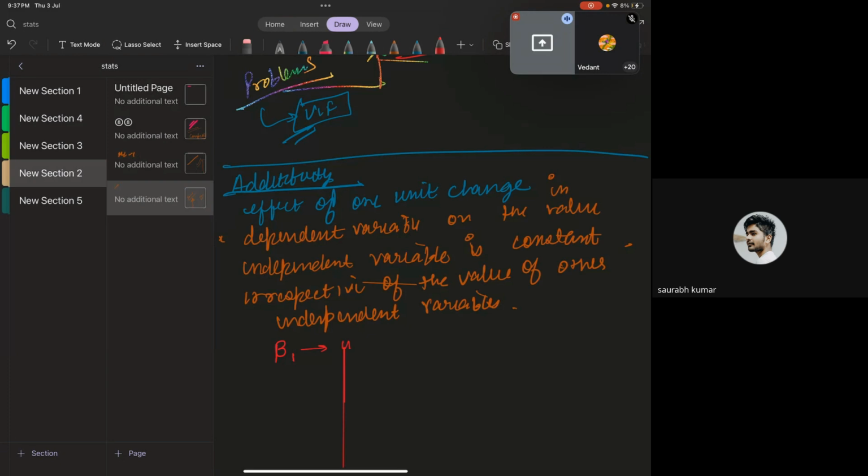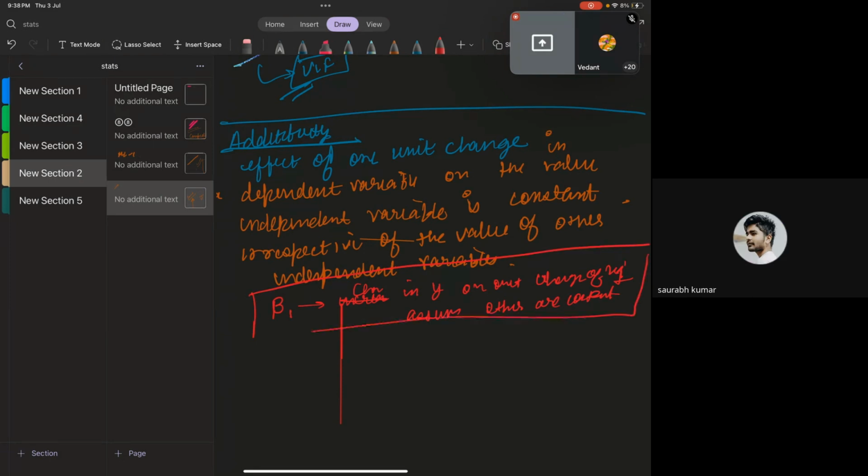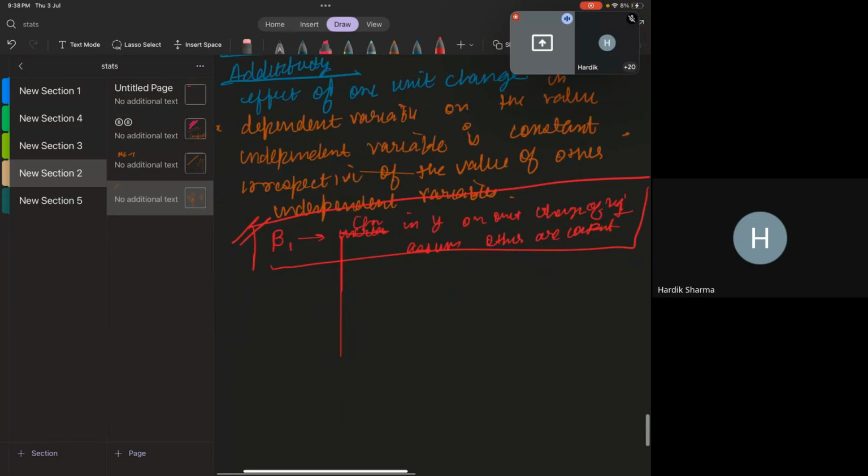Is increase or decrease in y, change in y basically, on 1 unit change of x1, assuming all the other variables are constant. This is what we learned earlier. Yes or no, everyone? Now, let me explain with an example.